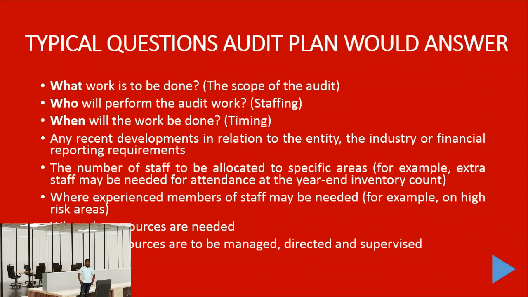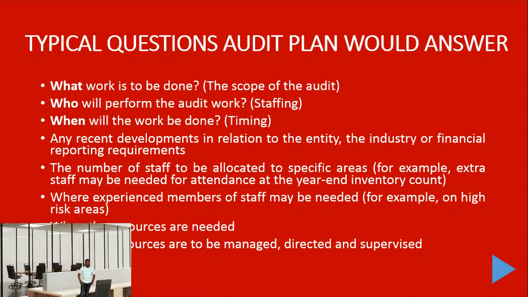Last but not the least, that we are examining now, is how such resources are to be managed, directed and supervised. So who will be the team lead, who will be the engagement partner, who will be the manager on the engagement, who will be the supervisor, and things like that.